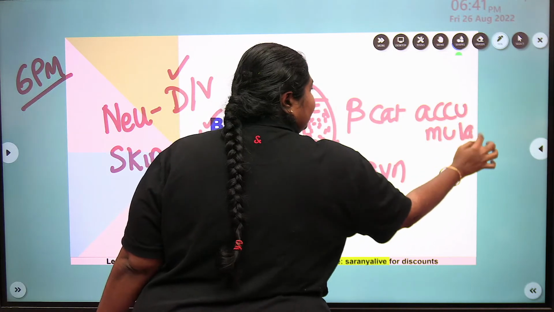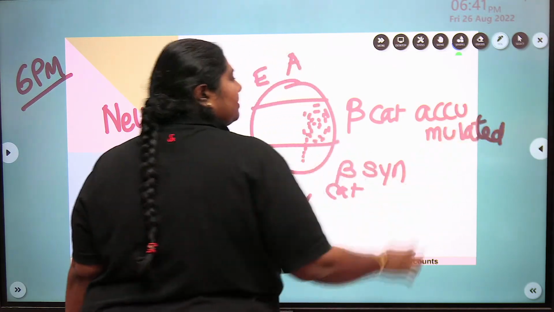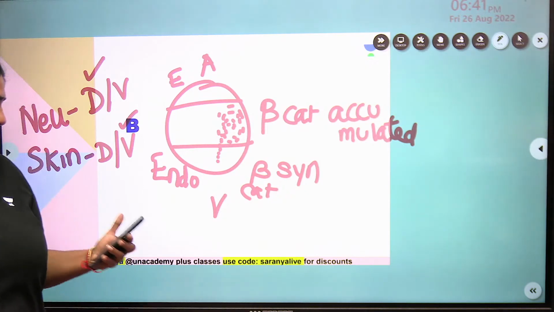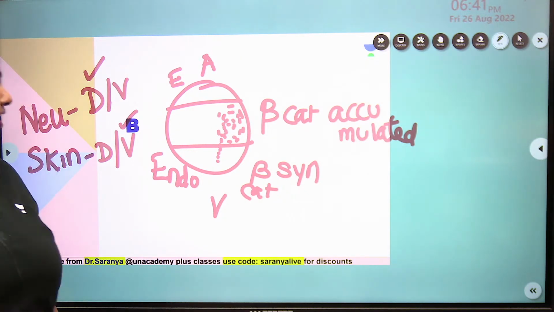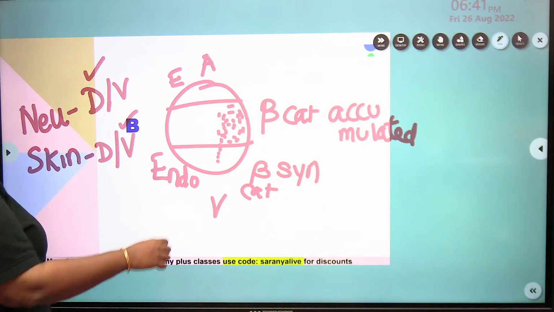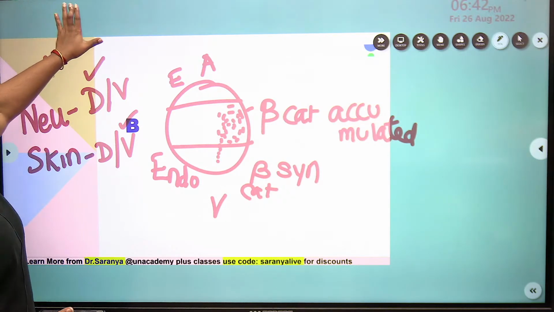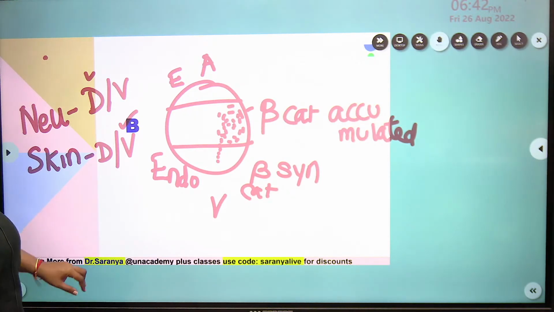So where your beta catenin is accumulated, it is accumulated in the mesoderm. Got it, everybody?